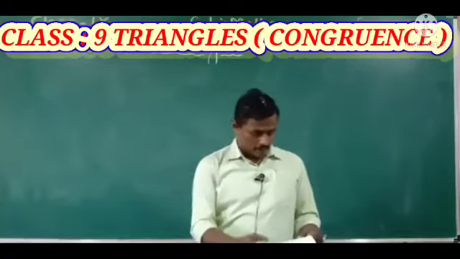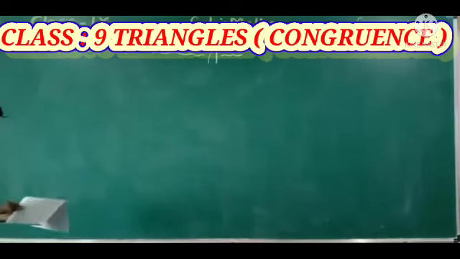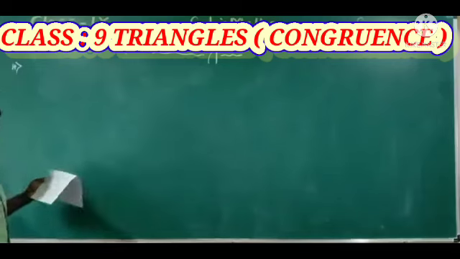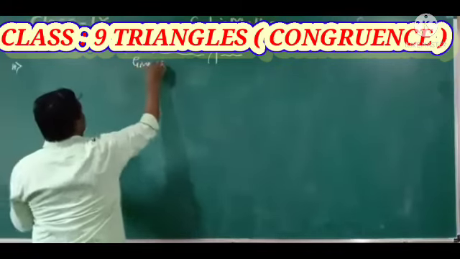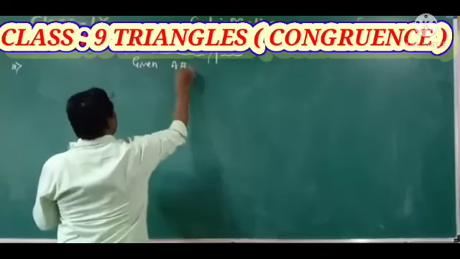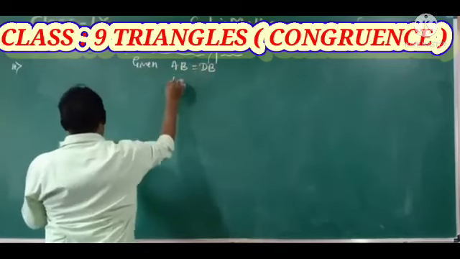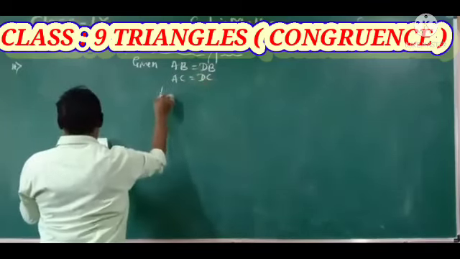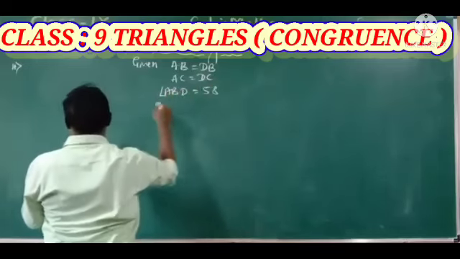Now see the next question. Fourth one. In the given figure, first write the given things. AB is equal to DB and AC is equal to DC. Angle ABD is equal to 58 degrees.